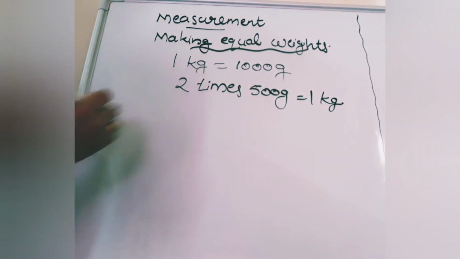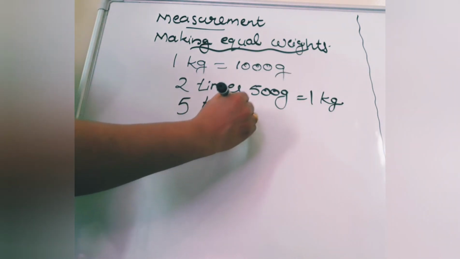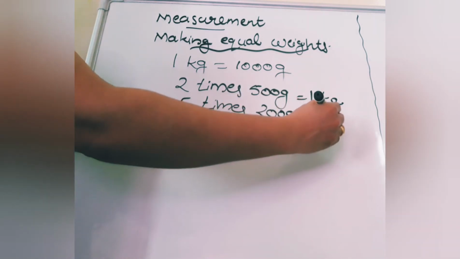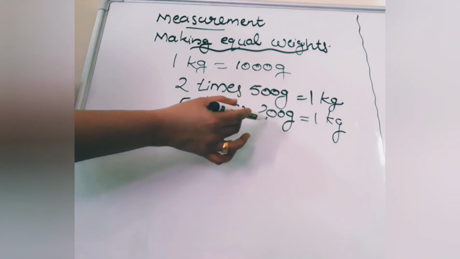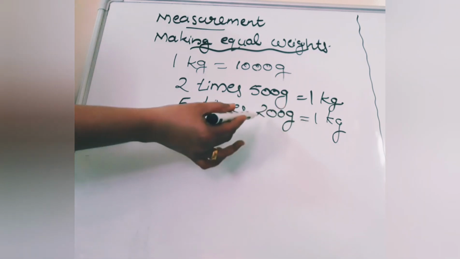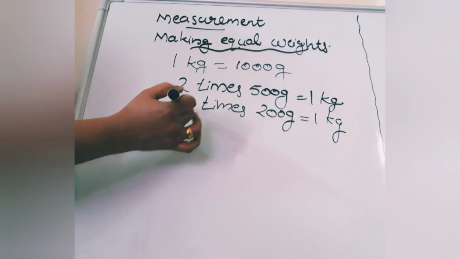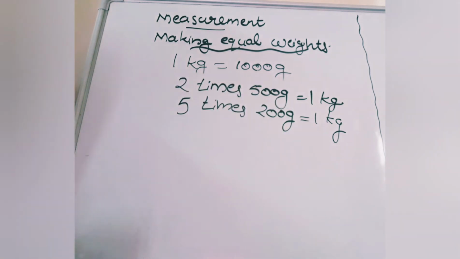And then 5 times 200 gram. If the shopkeeper has a 200 gram weight and wants to make it 1 kg, then 4 more he has to keep. 1 is already there, then 4 more, total 5 times 200 gram he has to keep to make it 1 kg.